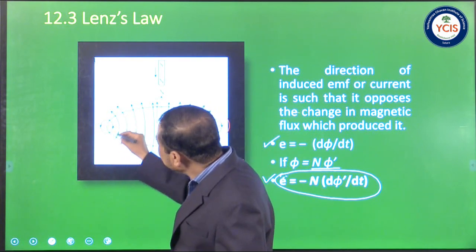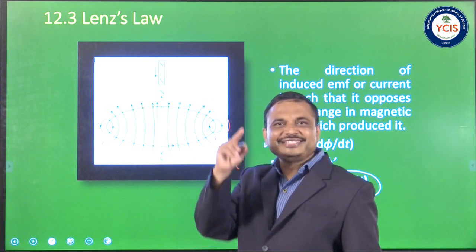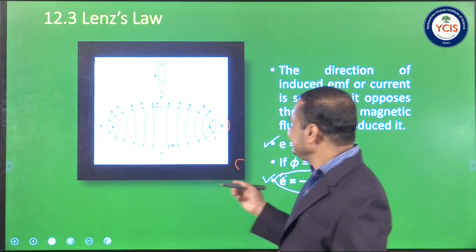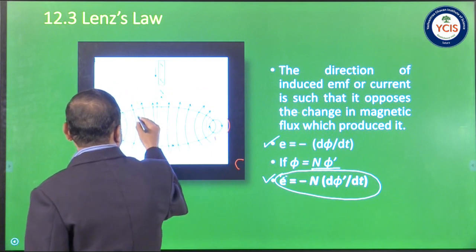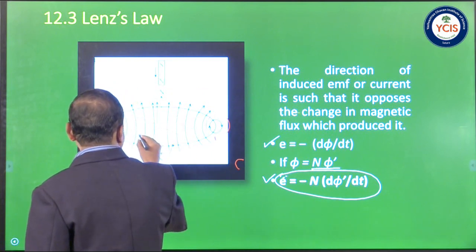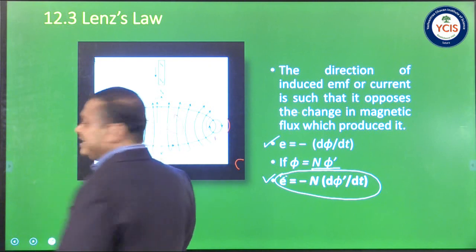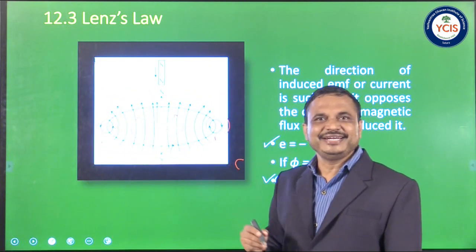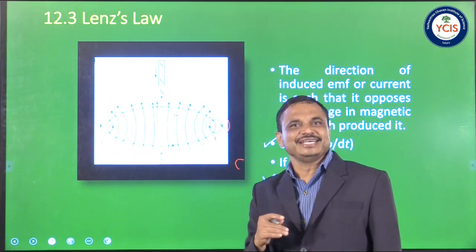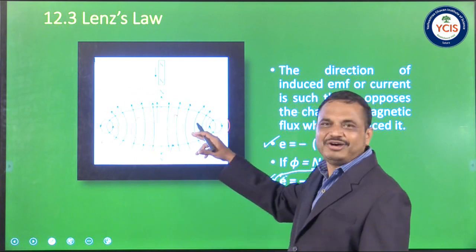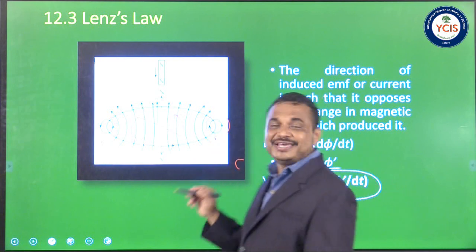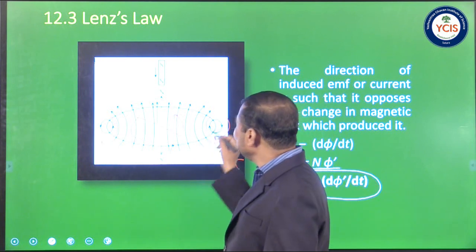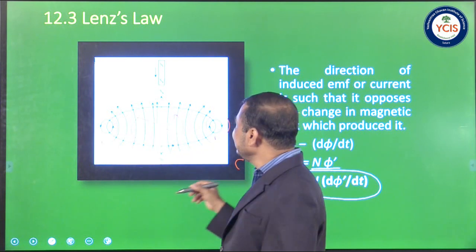This is also an anticlockwise sense. When there is an anticlockwise current, the current makes this face an N pole. We see that the current carrying coil acts as a magnetic dipole and its two faces act as poles, and the face of the coil which is facing the bar magnet acts as an N pole because an anticlockwise current is induced in it.